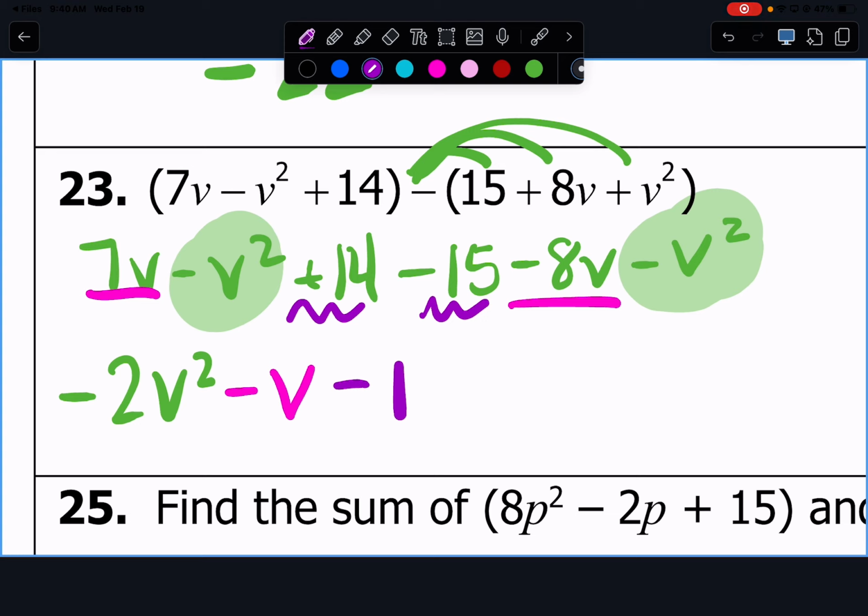Whenever you're adding and subtracting, your exponents will stay the same.